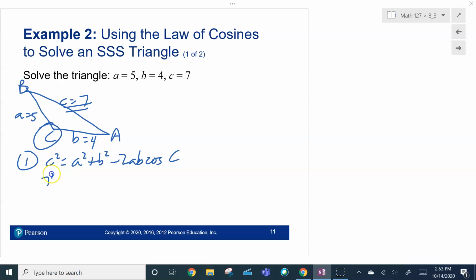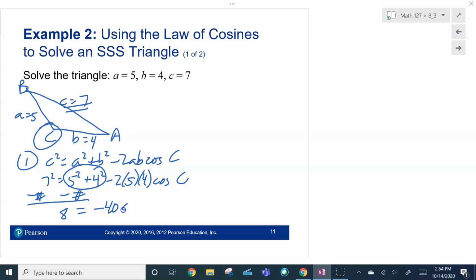So we got 7 squared equals 5 squared plus 4 squared minus 2 times 5 times 4 cosine of angle C. Let me subtract, I'm going to sum those and subtract that number. Say 49 minus 25 minus 16, we got 8 equals negative 40 cosine C. Divided by negative 40, divided by negative 40.